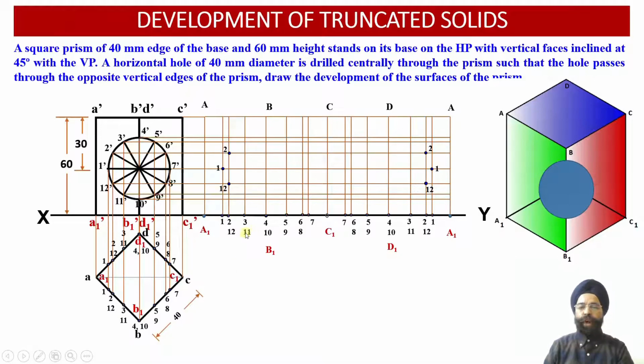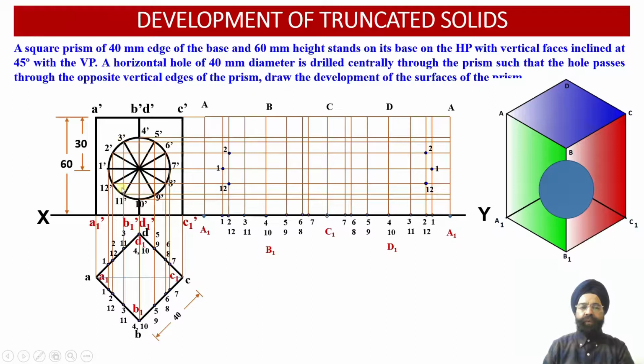Now the next 2 points are 3 and 11, corresponding to the front face. This is the vertical projector. Corresponding to the rear face, this is the vertical projector. Now let us work out the front view projections corresponding to 3 dash and 11 dash.